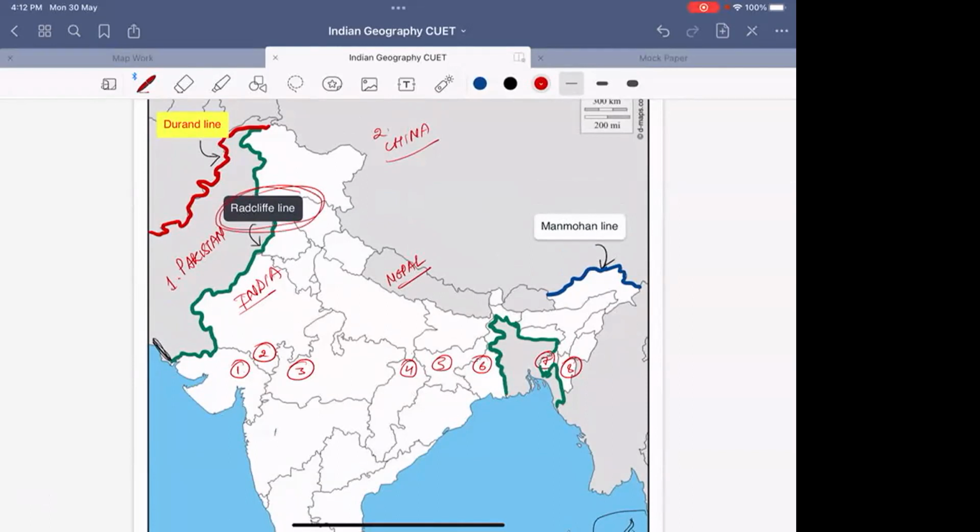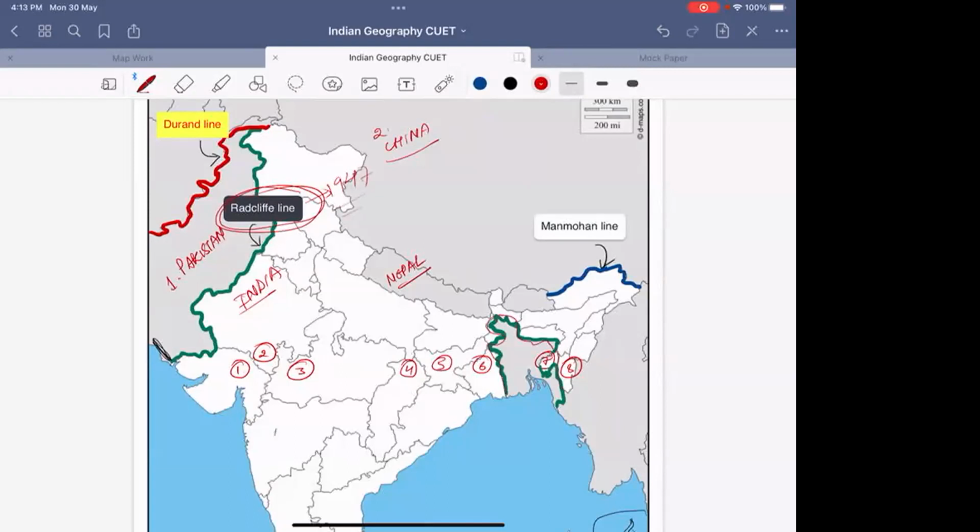You have to remember the name of the person also, it will be easy. India and Pakistan were divided by the Radcliffe line introduced in 1947 during the partition. This green line that is marked here is the Radcliffe line.